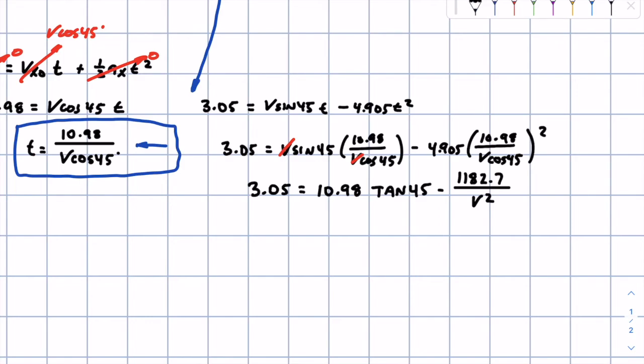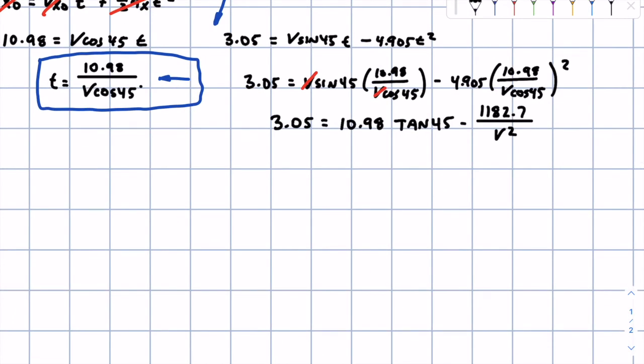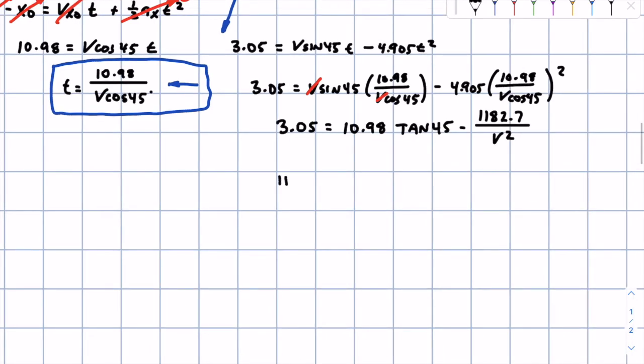Now what I'm going to do is solve for v, or at least do some algebra to get there. I'm going to take you through the steps along the way. I'm going to take this term and add it over to the other side, so eventually I can isolate v squared. I'm going to subtract this over. It's going to look like this. So we've got 1182.7 divided by v squared is equal to 10.98 tangent 45 degrees minus 3.05.